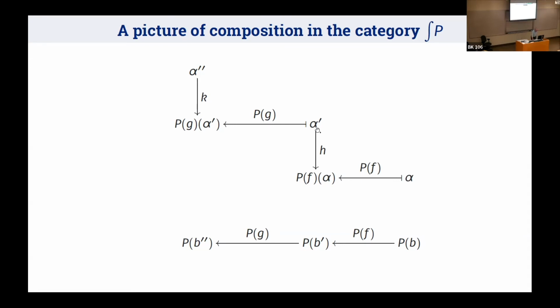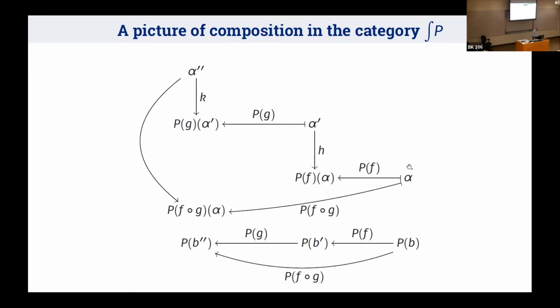Think of the actual arrow as going diagonally like that, and the composite must end here. While if I transform H via P(G), I get there, which is the wrong object, and I have to correct it by the isomorphism that was available to me.